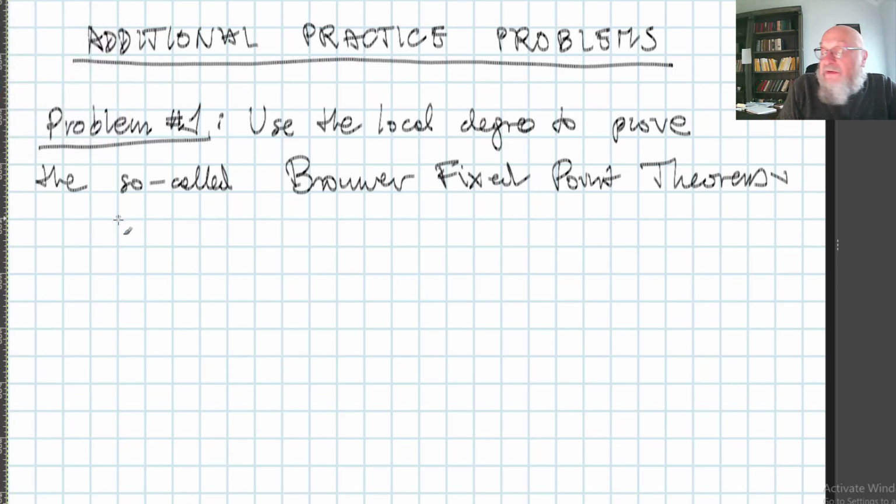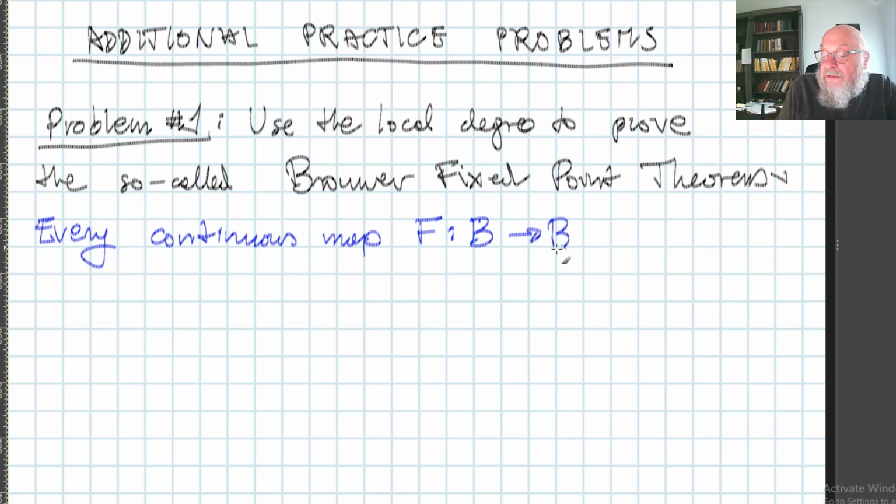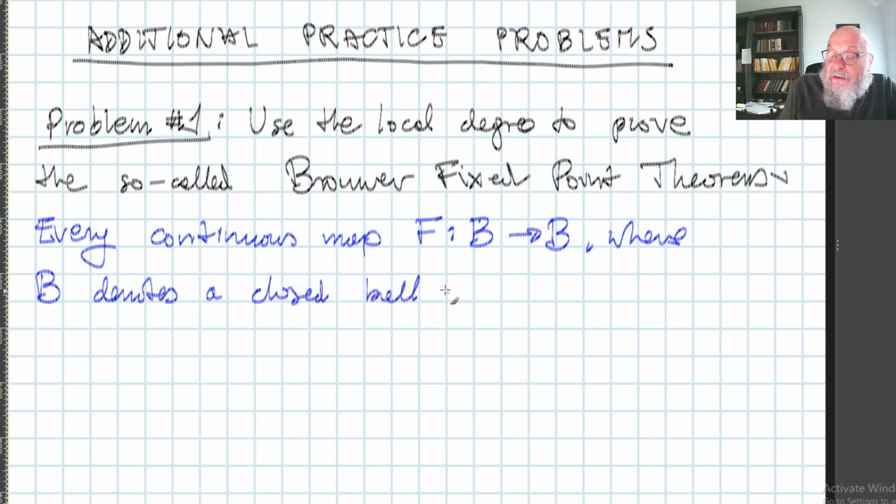Every continuous map F from B to B, where B denotes a closed ball in V equals Rn, has a fixed point.